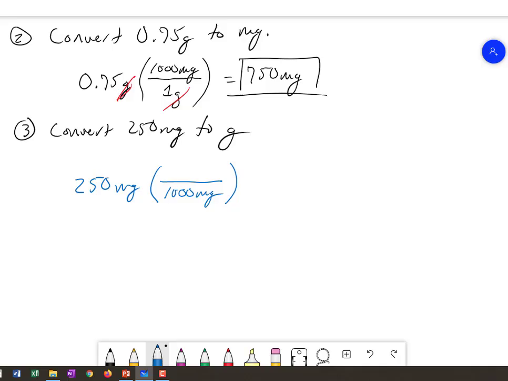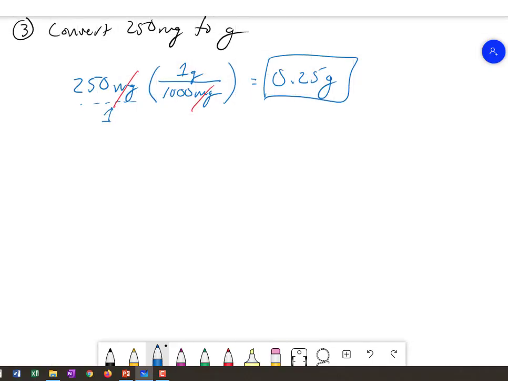I know that there's 1,000 milligrams equal to 1 gram. So you notice how I flipped that, just because I'm trying to cross cancel out. Remember that this is always over 1, right? So here we're looking at the numerator. This is the denominator. It's going to cancel, right? So this is going to cancel here. My answer is now in grams, which is what I want. And so this is going to equal 0.25 grams.